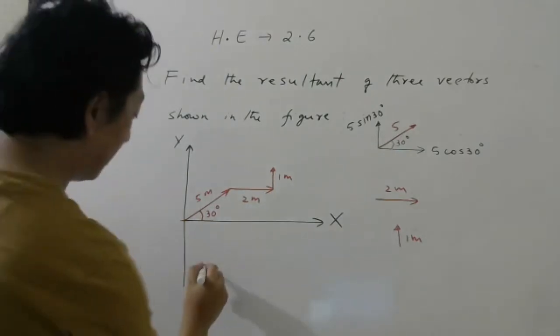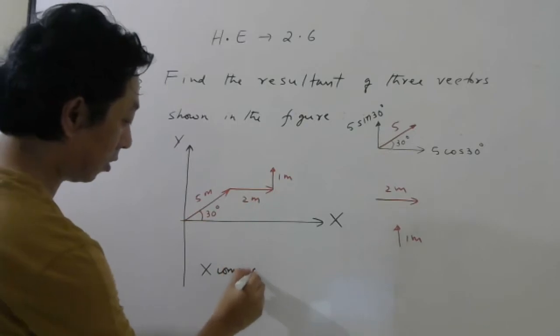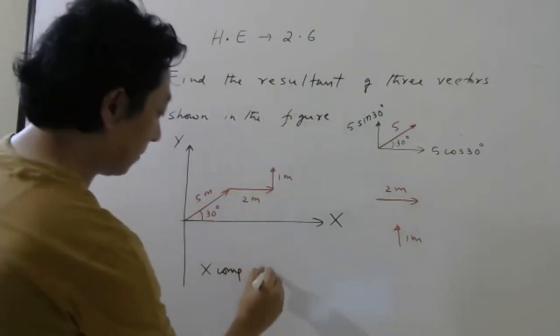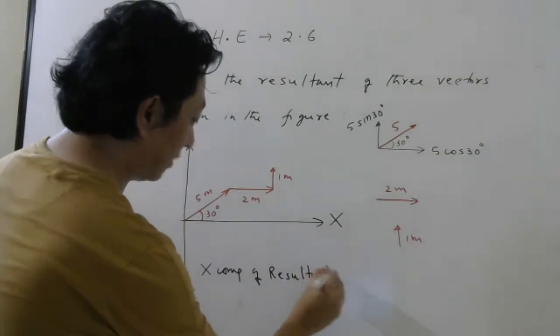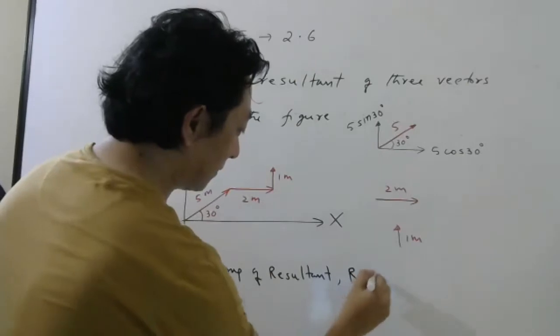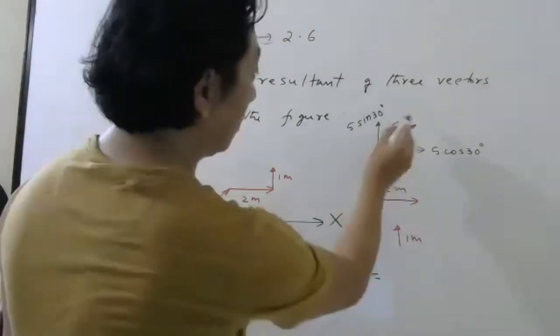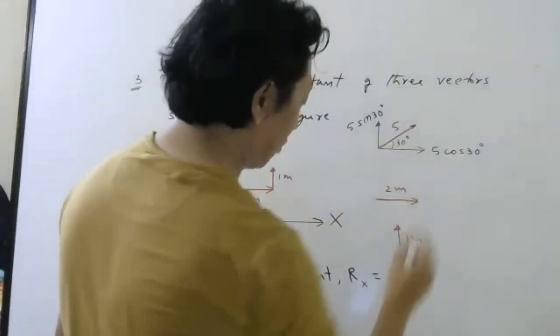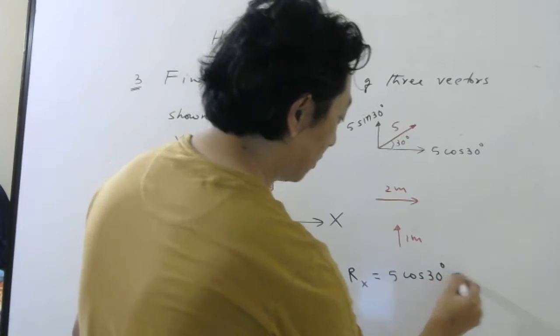So let us find the x component of the resultant, the resultant of all of them. Let us call it Rx. What will be the x component? For this vector, the x component is 5 cos 30.